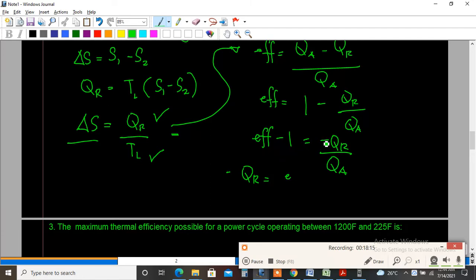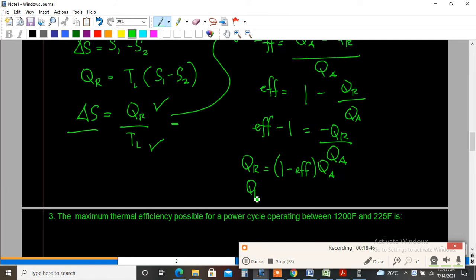Now, let's try to remove this negative sign, transpose the sign. That will be equal to positive 1 minus efficiency, multiplied by QA. Okay.